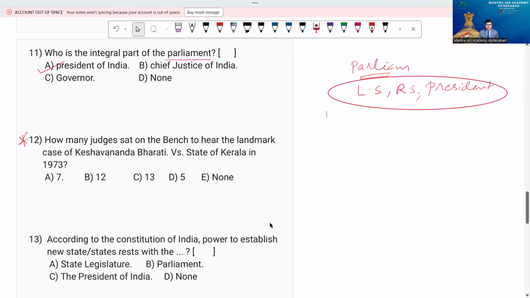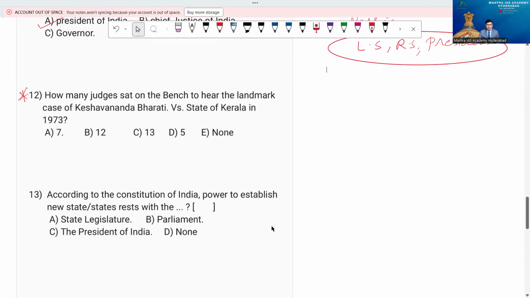Hope you understood. Next, how many judges sat on the bench to hear the landmark case? A very interesting and important point here. The landmark case is Keshavananda Bharati versus State of Kerala in 1973, friends. The basic structure concept is very important. It was almost the biggest hearing, 68 days if I am not wrong.